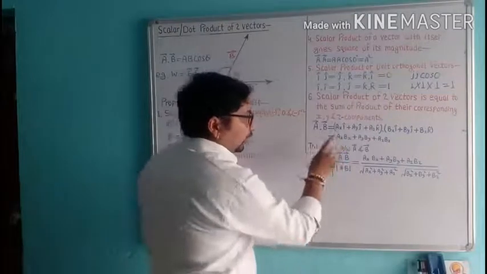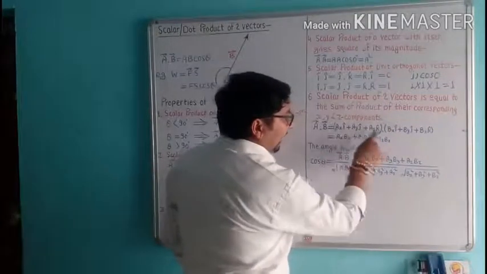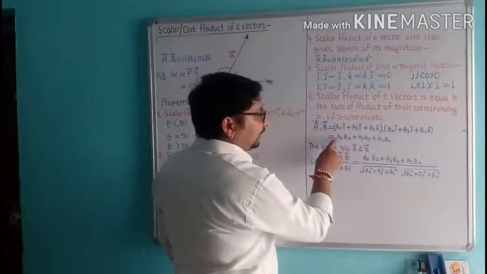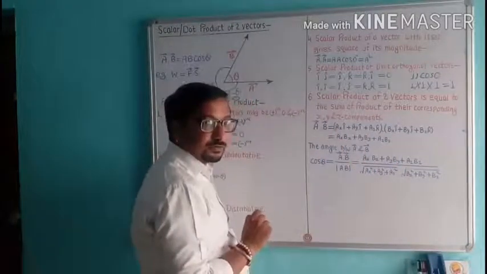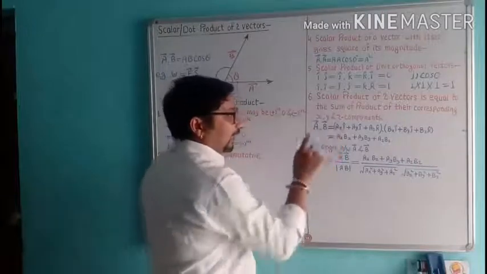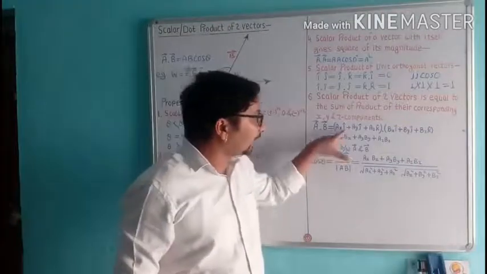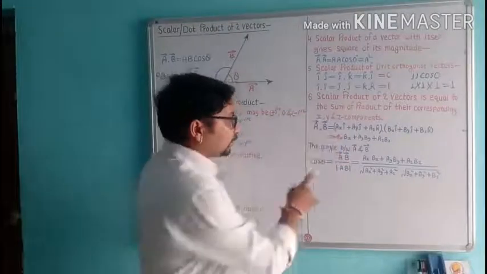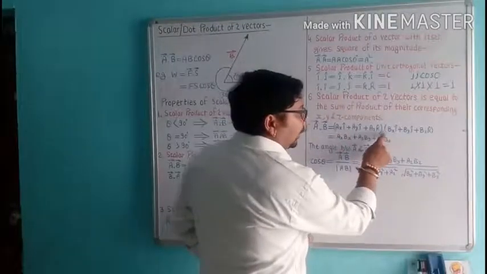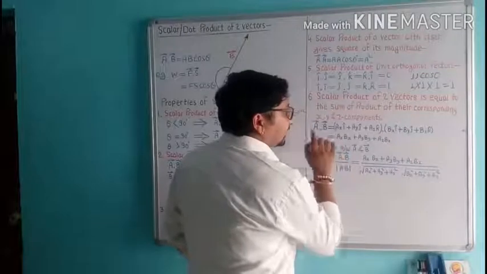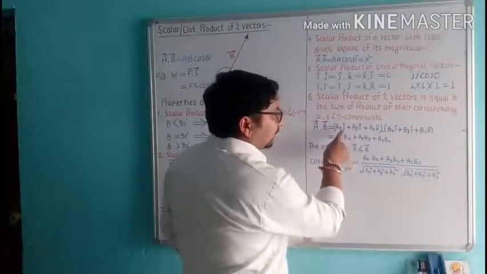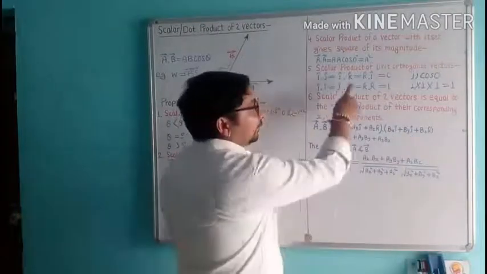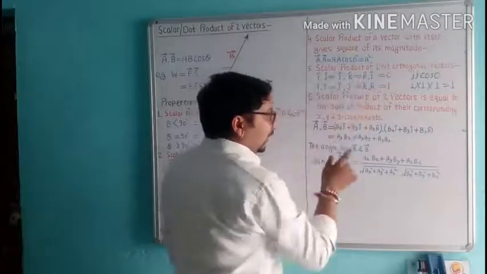We multiply ax i cap dot bx i cap, which gives ax bx, because the magnitude of these orthogonal vectors is 1. We leave the i cap dot j cap term and i cap dot k cap term, because they give 0.